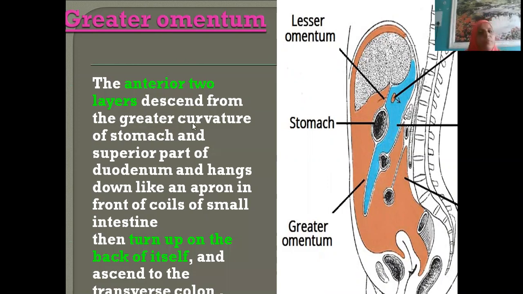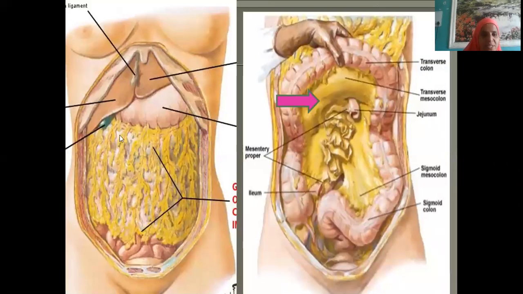So the anterior two layers that descend from the greater curvature of the stomach and the superior part of the duodenum hang down like an apron in front of the coils of small intestines and turn upon themselves back, and become continuous with the transverse colon. This is the first layer. Now it has folded on itself and become attached here.